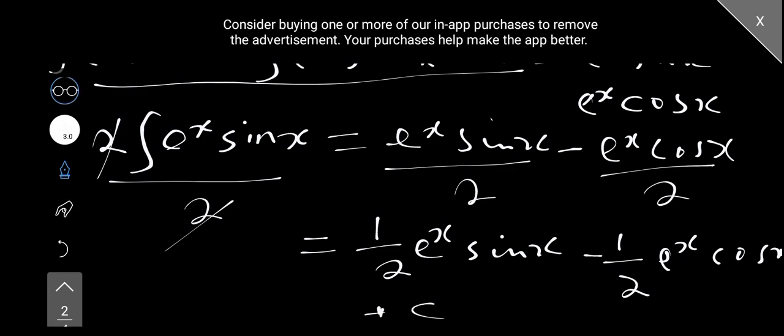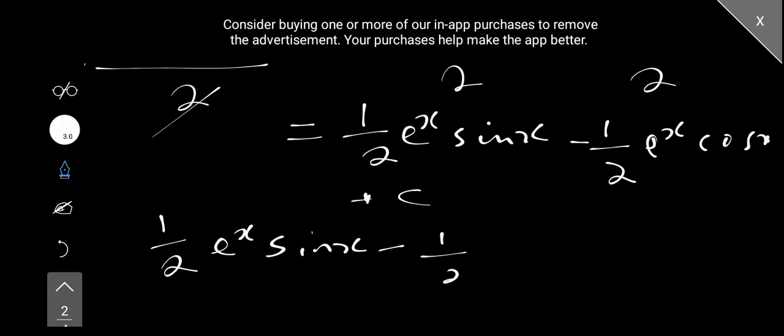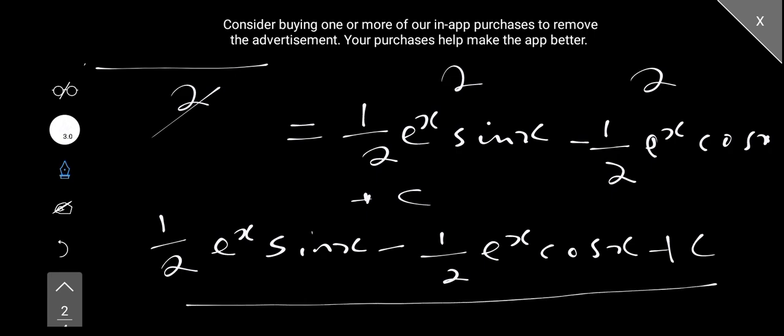Let me write this one down here properly. So the result is half of e to the power x sine x minus half e to the power x cos x plus c. That will be our result.